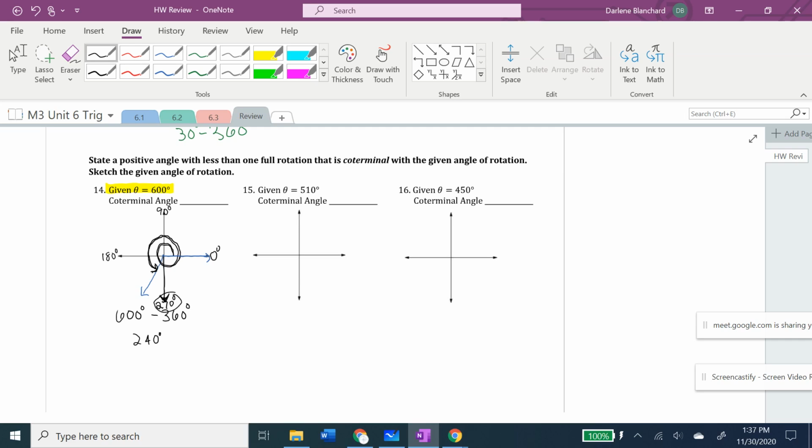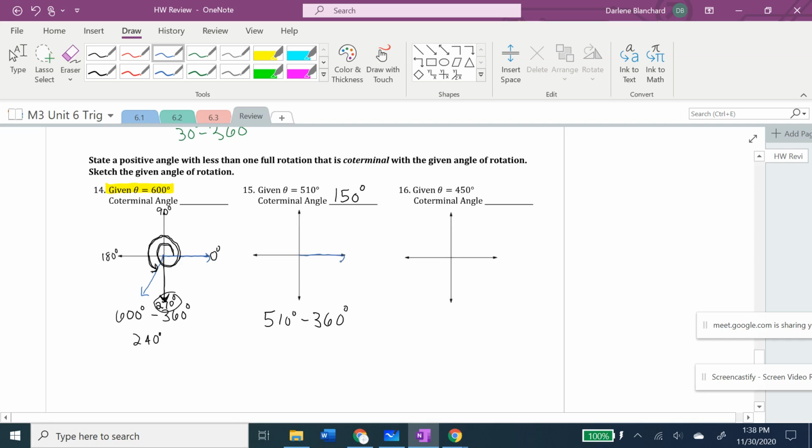So, 510 degrees, coterminal angle. What do you get for its coterminal angle? All right, thank you. 150. So now you've got to think about how far does it go around to get to 150.